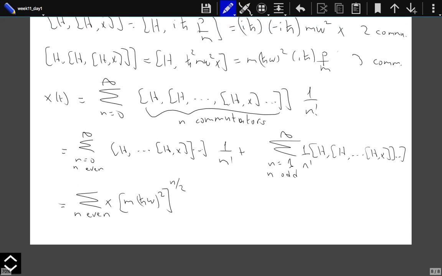And then I have lambda. Lambda is not 1 this time. So it is i over h bar t to the power n. Again, keep in mind, in this first term, I only have the n even terms. So there I have i over h bar t to some even number.